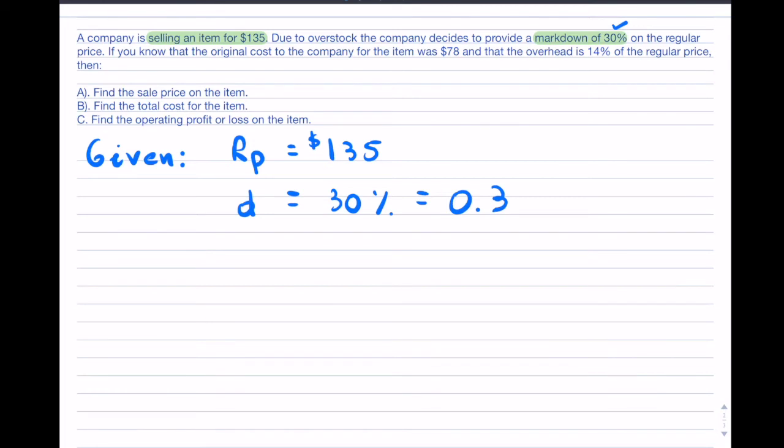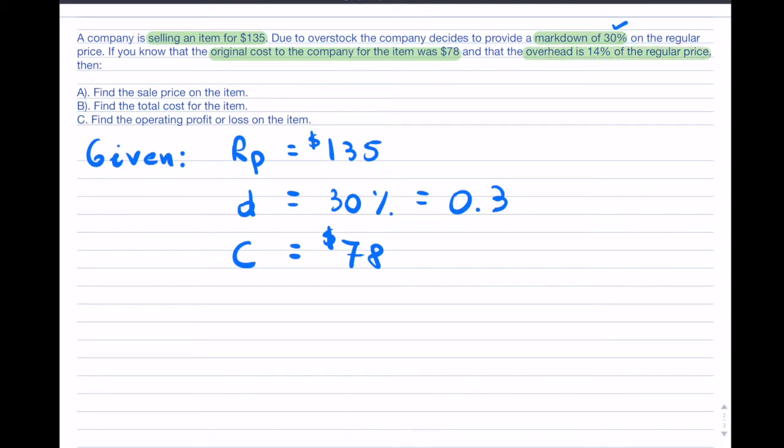So that's your markdown, and this is off of your regular price. Now it says the original cost to the company was $78. So my original cost, C, was $78. So maybe we purchased or made this item. That was our cost. And now it says that the overhead was 14% of the regular price.